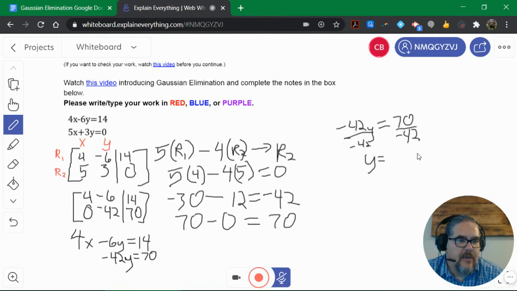Now we need a number that goes into both. And so 7 times 6 is 42. So we can divide both by 6 and we get 10 over negative 6, which actually simplifies to negative 5 thirds. And if you'll recall from the first one, that's exactly the value we got for y.